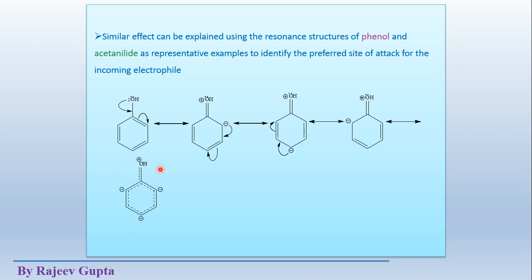In this resonance hybrid we can easily observe that this negative charge and these pi electrons are delocalized, moving like this, and somewhat these ortho positions and this para position are more electron rich compared to these two meta positions. So on the meta position the possibility of attack of the incoming electrophile is very less.